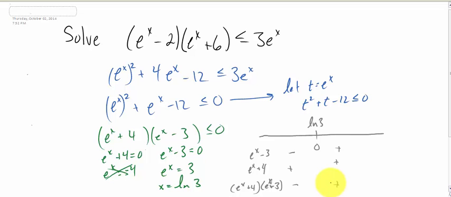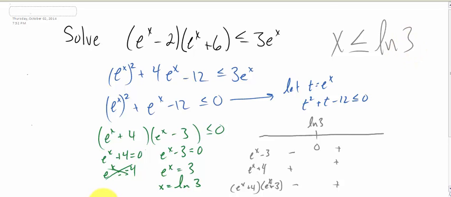To the right, we have a positive product. So what values of x will work? Well, x being less than or equal to, because we can equal 0, that's okay. We get x is less than or equal to natural log of 3.